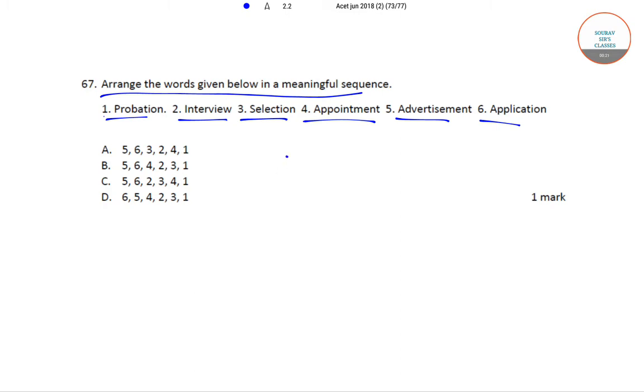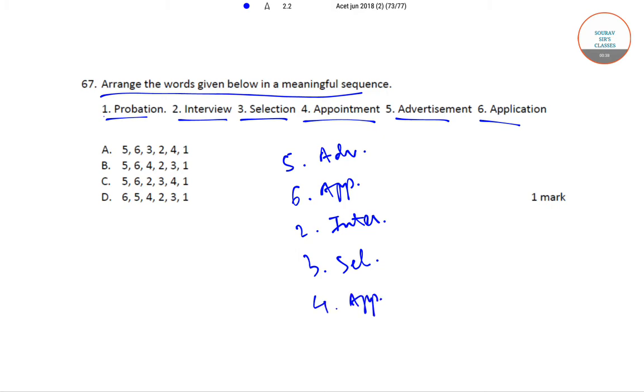So the correct sequence is 5 advertisement, 6 application, 2 interview, then 3 selection, then 4 appointment, then 1 probation. So the correct option is option C, that is 5, 6, 2, 3, 4 and 1.